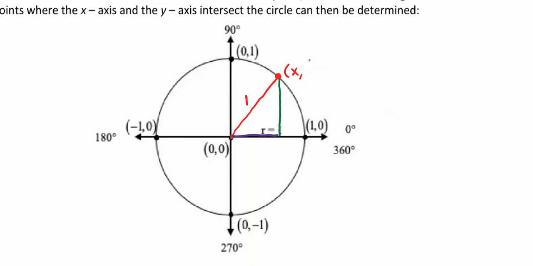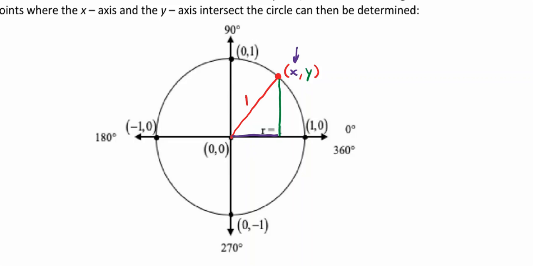And here, you know what? I'll make my y green and my x purple, so you can see the effect. Okay, then can you guys see what's going on there? The length of this side of this right angle triangle really would be my x value.